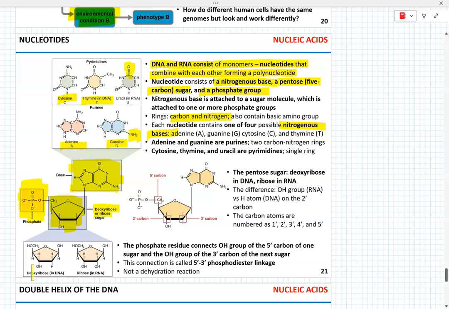Instead of thymine in RNA, uracil serves as the 4th nitrogenous base. You can see that all nitrogenous bases can be classified into 2 large categories: purines, having 2 rings, and pyrimidines, having 1 ring. Adenine and guanine are purines. Cytosine, thymine, and uracil are pyrimidines.